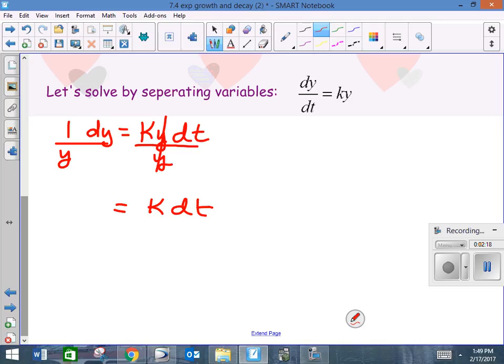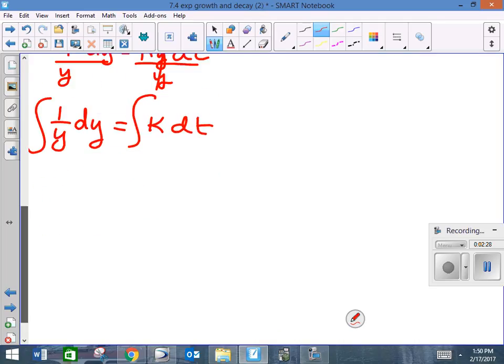Sometimes it's easier to see something rather than nothing. Now we're ready to do what? Integrate. Good. What is the integral of 1 over y dy?